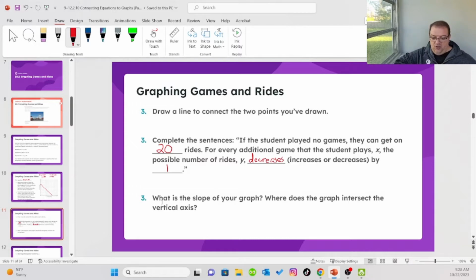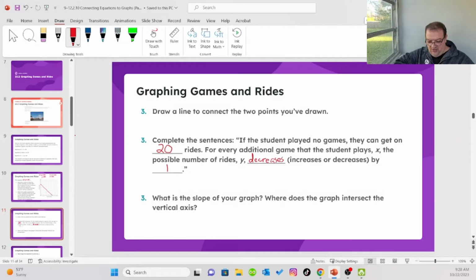They want to know, what is the slope of our graph? Where does the graph intersect the vertical axis? So first off, slope is how much we change in the y direction over how much we change in the x direction.